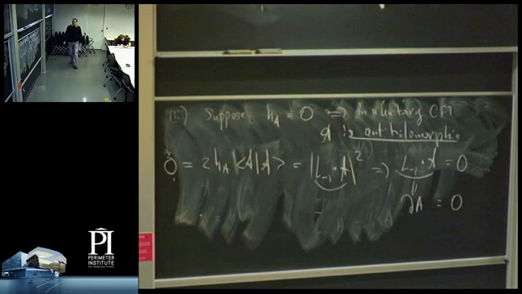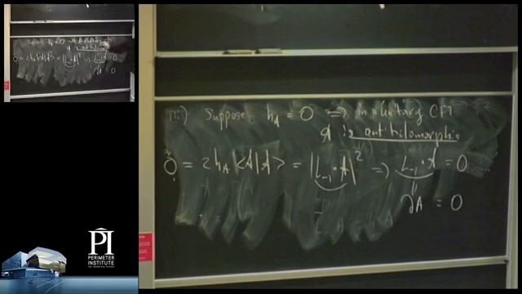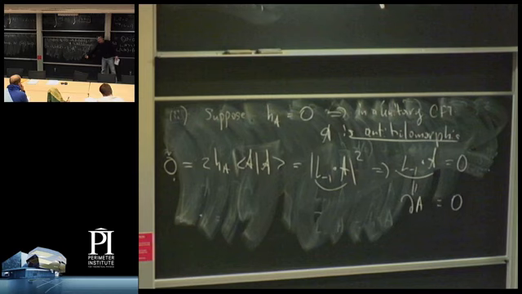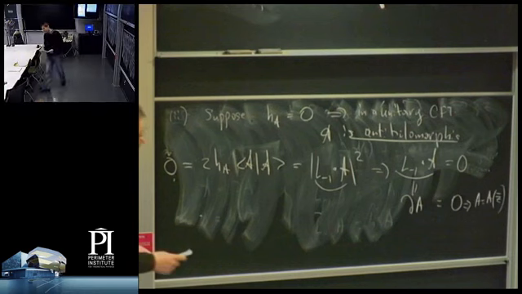So what we are finding is that if we have an operator with a vanishing holomorphic weight, then in a unitary theory, if I act with the holomorphic derivative, ∂A equals 0, which means that A can depend only on the anti-holomorphic coordinate.